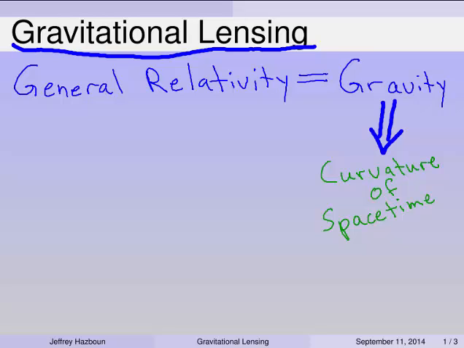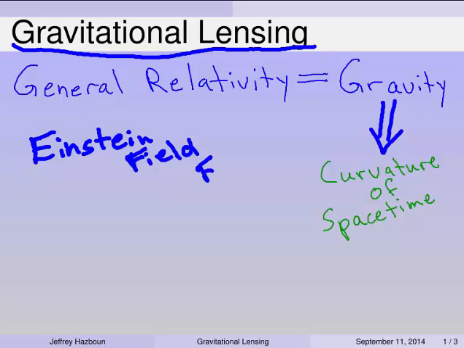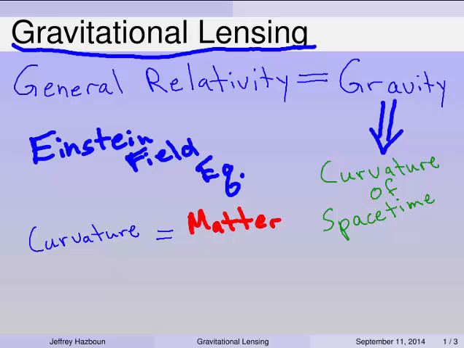Okay? And there's a famous equation called the Einstein field equation, which basically says that the curvature of space-time is somehow equivalent to the matter content of space-time.